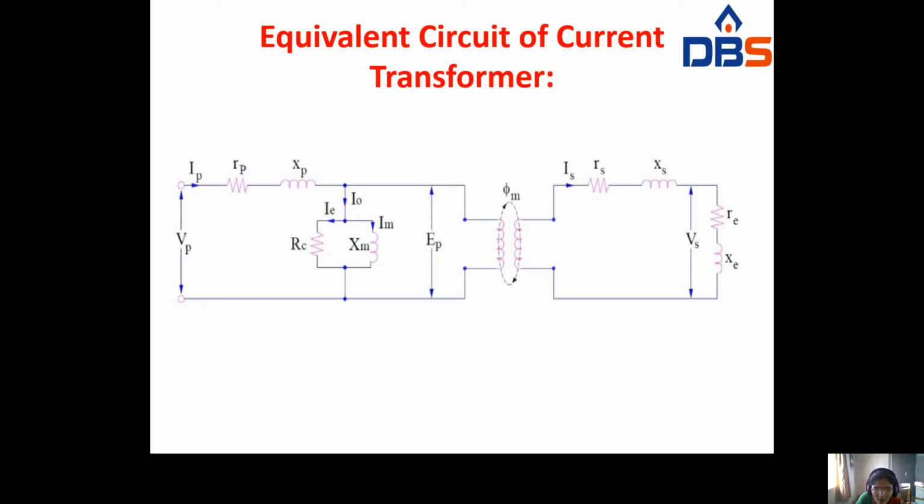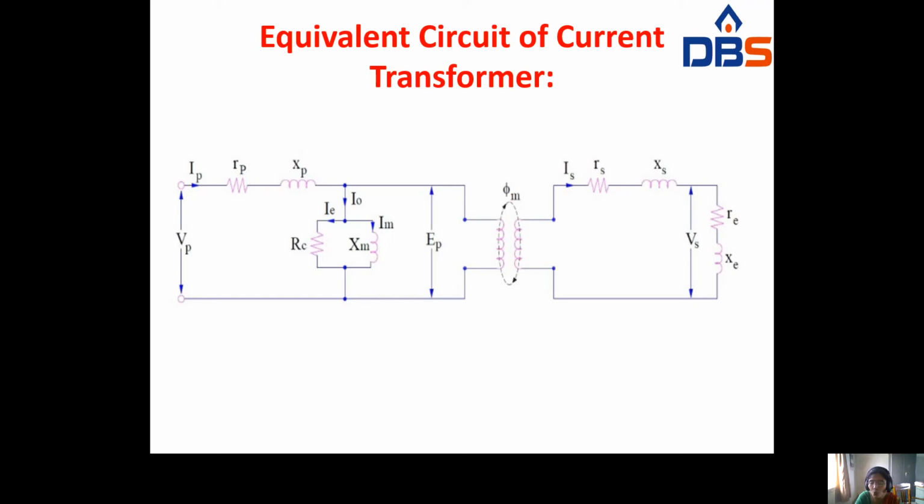The transformer works on the mutual induction principle. The magnetic flux between the primary and secondary of the current transformer is phi m. The current flowing through the secondary is IS, the secondary resistance is RS, and the secondary reactance is XS.